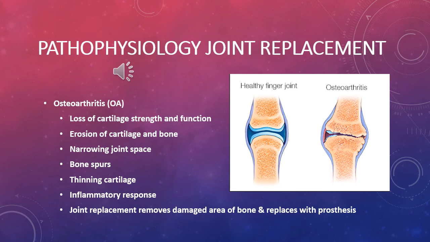The inflammatory response enhances the deterioration, and the result is joint destruction, joint dysfunction, and deformity, which is going to lead to immobility, pain, muscle spasms, and localized inflammation. The way to fix this is joint replacement, and this involves removing the damaged area of the bone and replacing it with a prosthetic. The replacement of the joint can be either partial or complete.